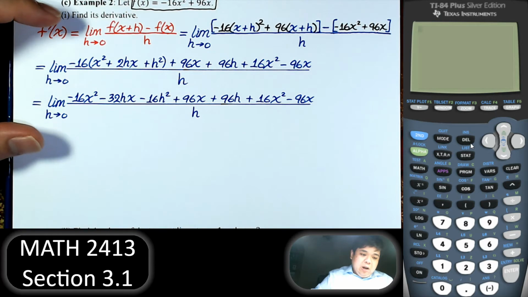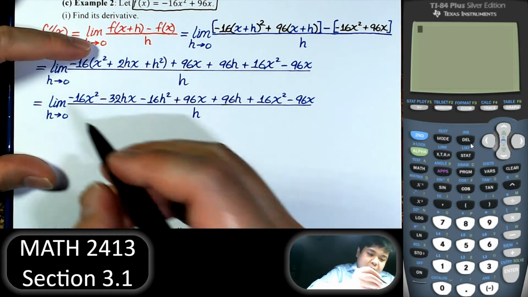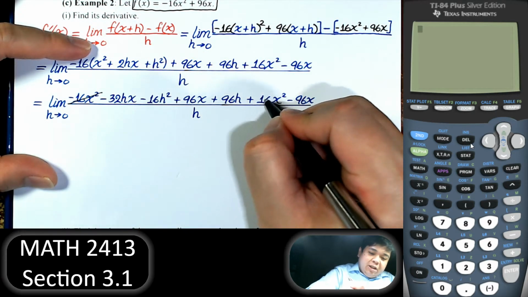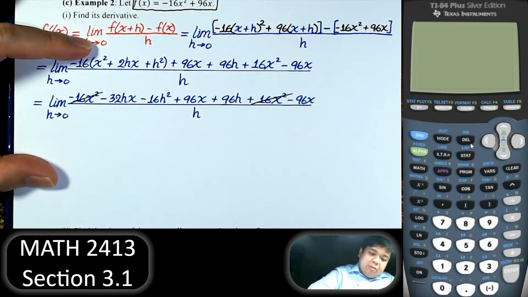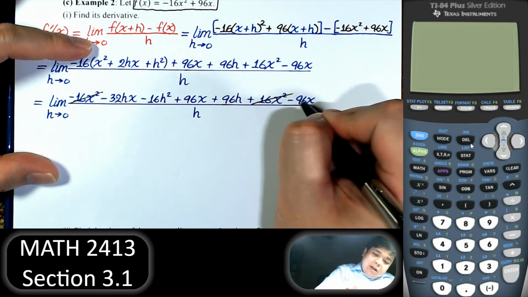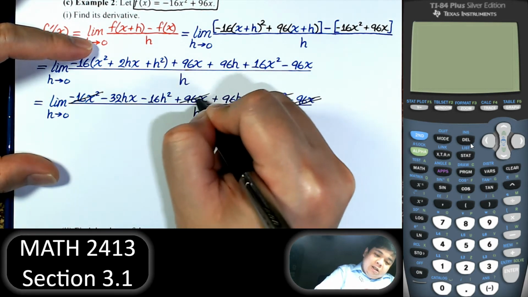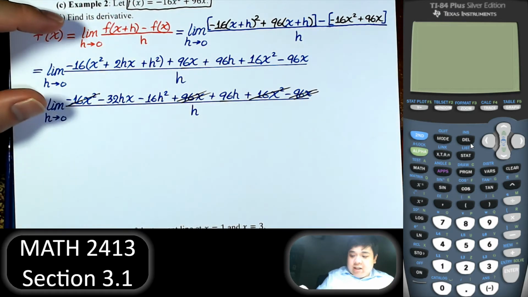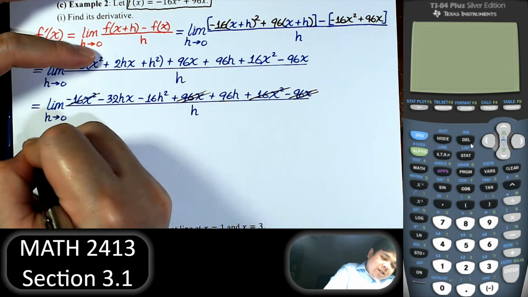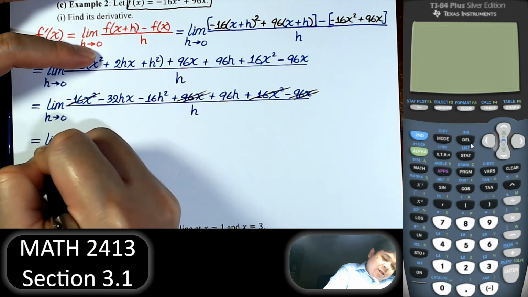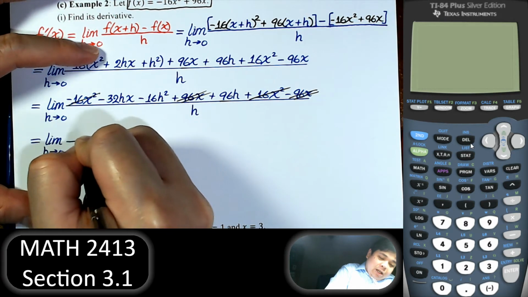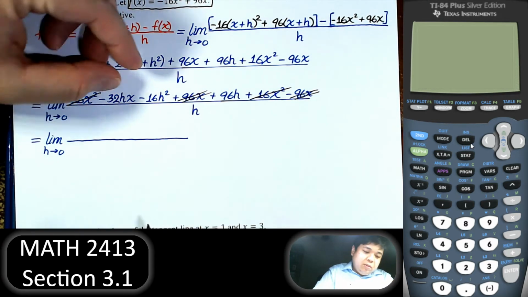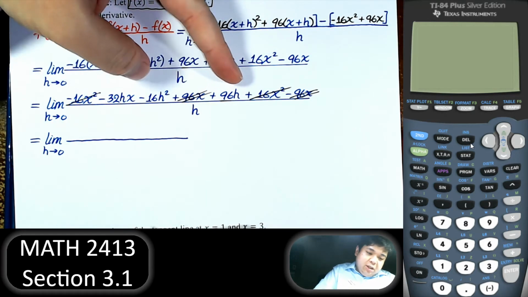Right, we have negative 16x squared cancel out, 96x cancels with 96x. And what's left is those three terms.